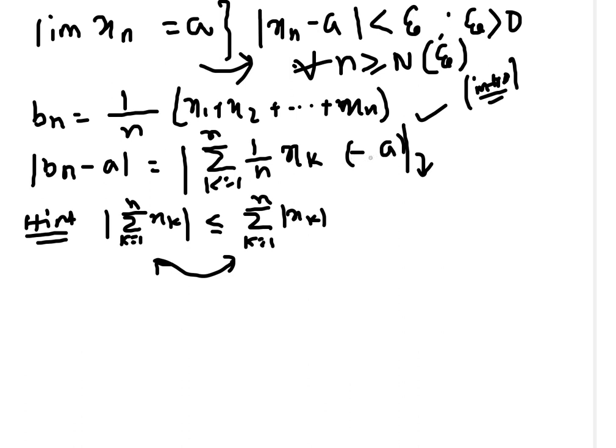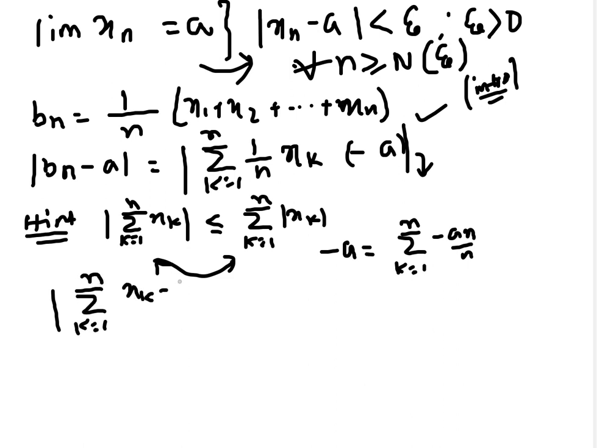See, that's also something you should consider, because one way is you can write minus a as summation k equals 1 to n of minus a by n, and then after getting it in the numerator you can put a inside every xk. That is, you can write this summation in the form summation k equals 1 to n of xk minus a, by n. This could have been written.